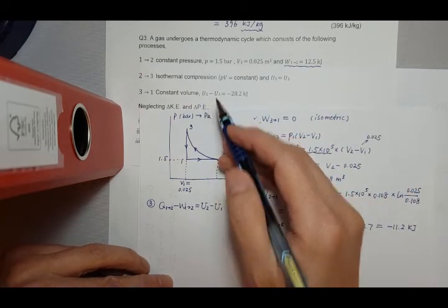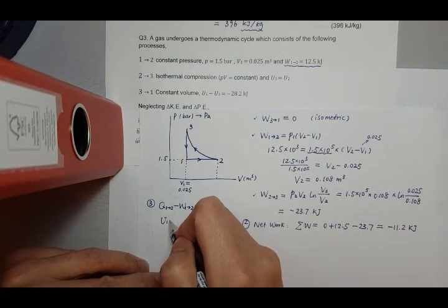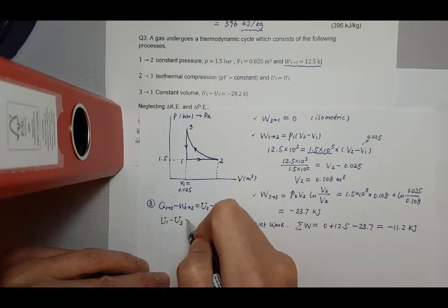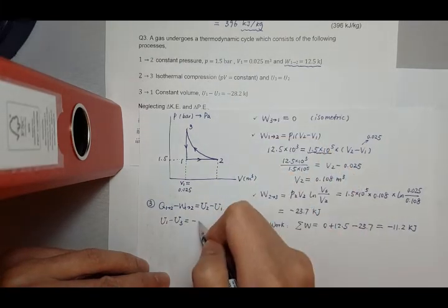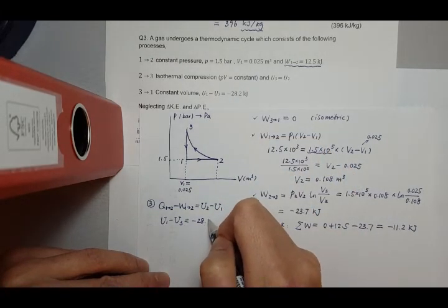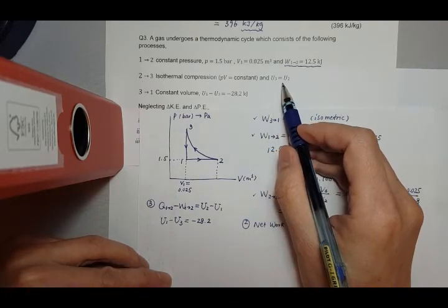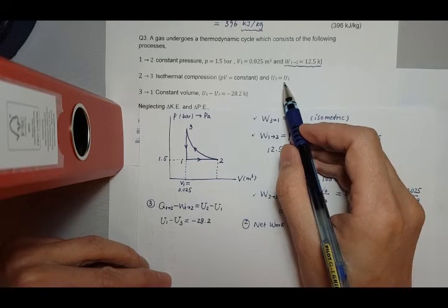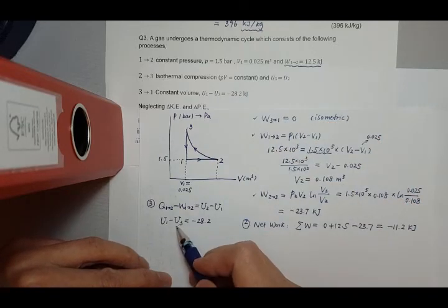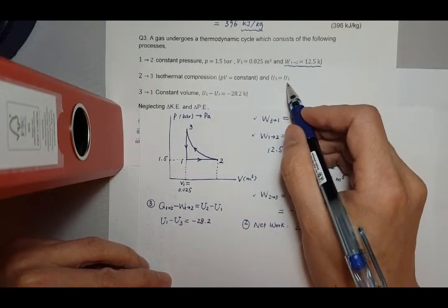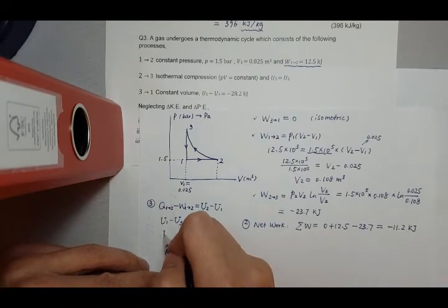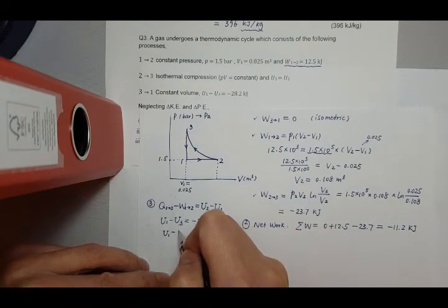This one, U1 minus U3, is minus 28.2, and we also have U3 equal to U2. In here U3 is actually the same as U2, so we can just replace U3 with U2.